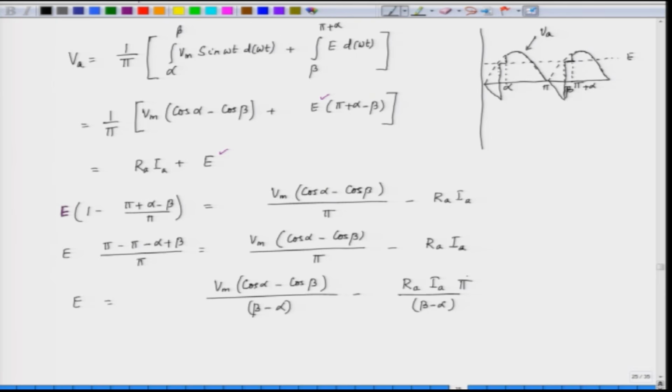Now, this is an equation from which we can get the relationship between the torque and the speed.